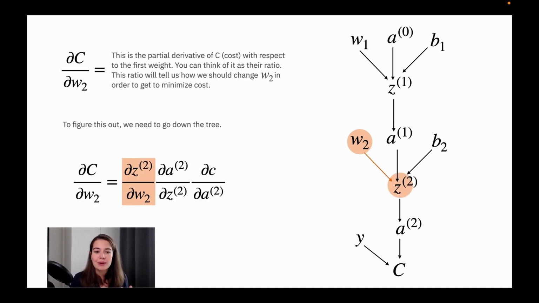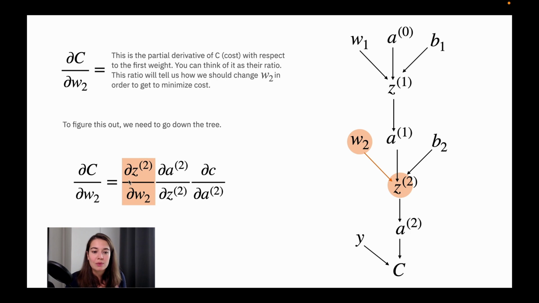How you do this is basically by using something called the chain rule. As you can see here, this kind of looks like simple math, right? So just don't get confused by all the derivatives. We want the derivative of C with respect to W2, the weight 2.